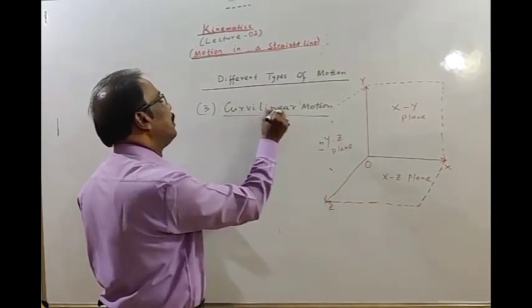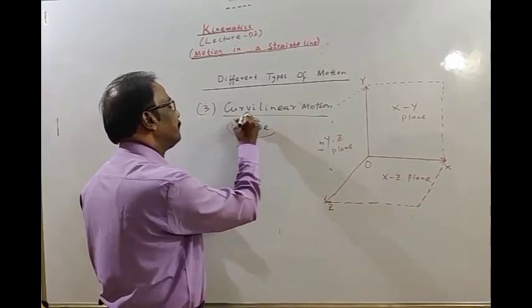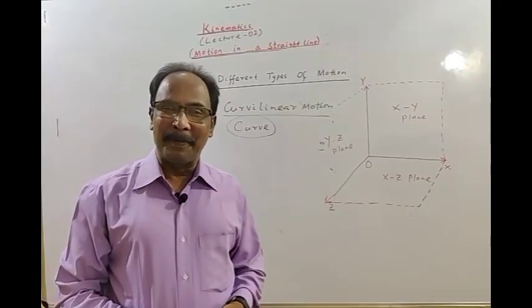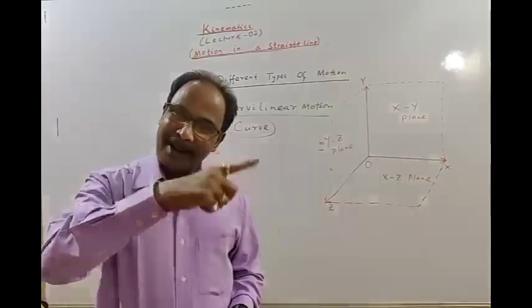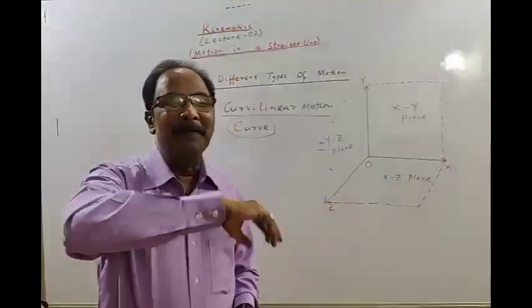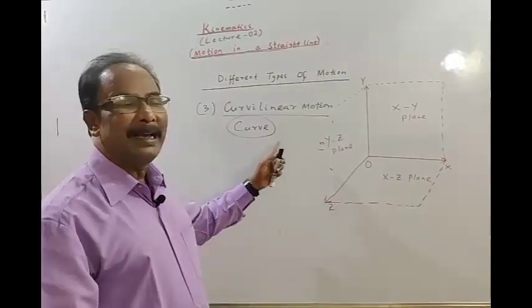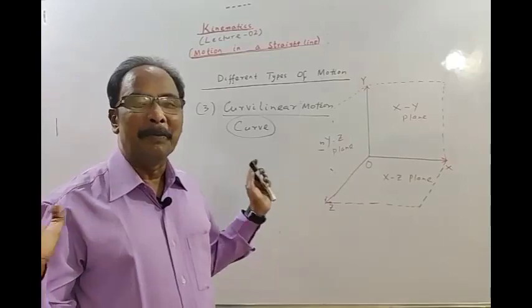See students, the word curvilinear comes from curve. If a body moves along a curved path, whatever be the nature of the curve, may be circular, parabolic, or irregular, any curved path, then the motion is called curvilinear motion.